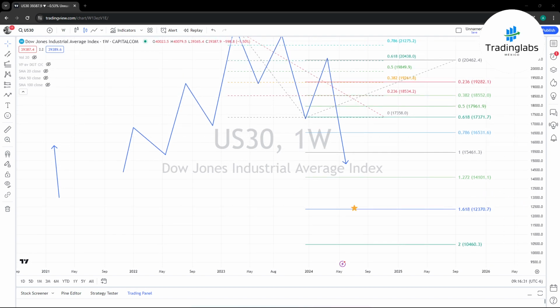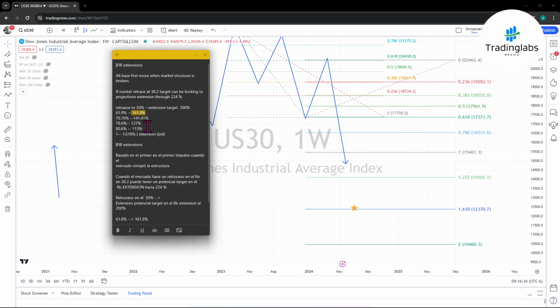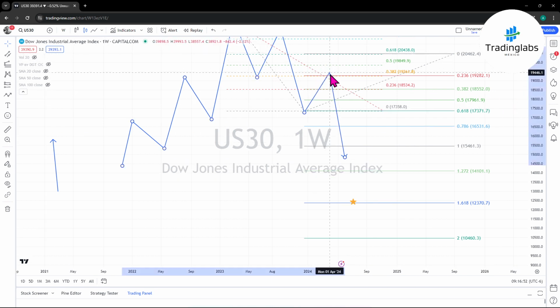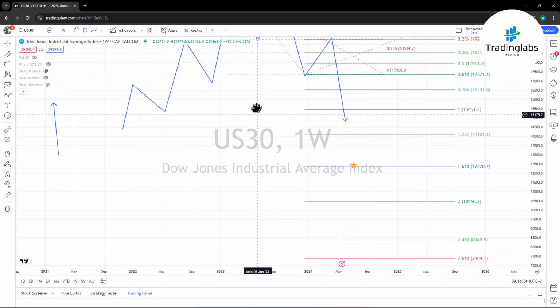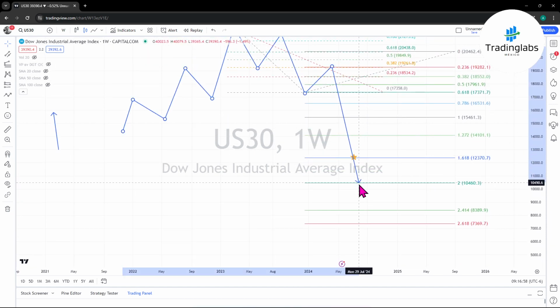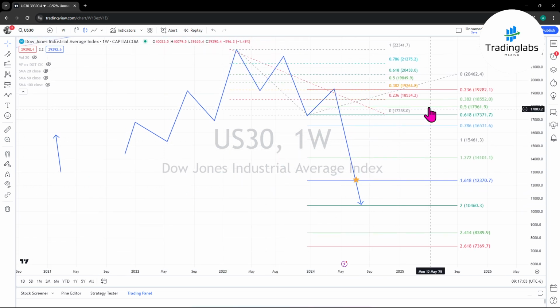So it's the same concept for these levels. If it retraces at the 38.2 here, it can potentially go up to 224. If in this case the price retraces here, maybe the price will go down till here, and so on.